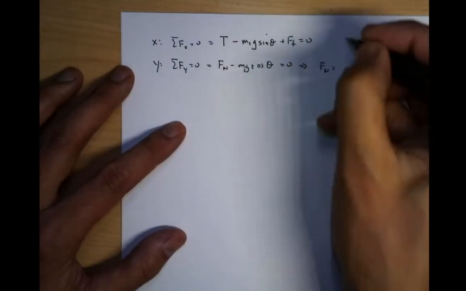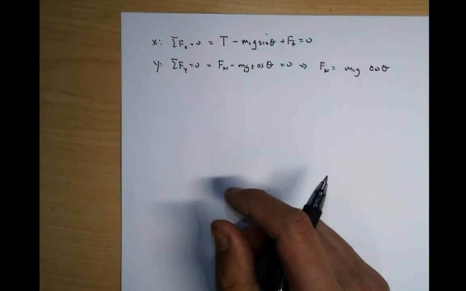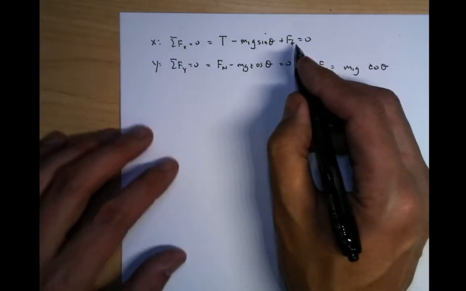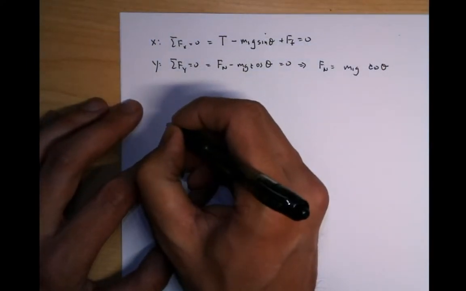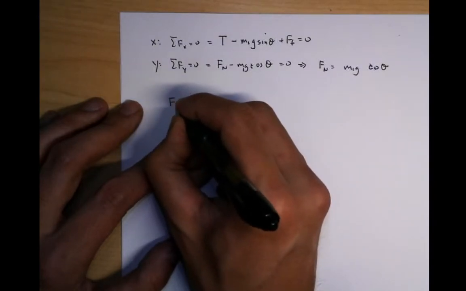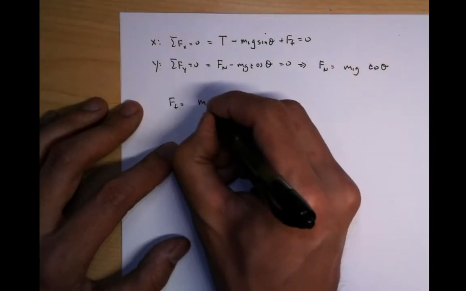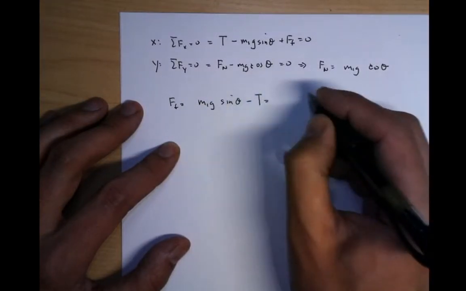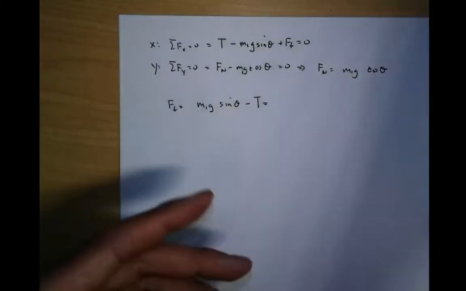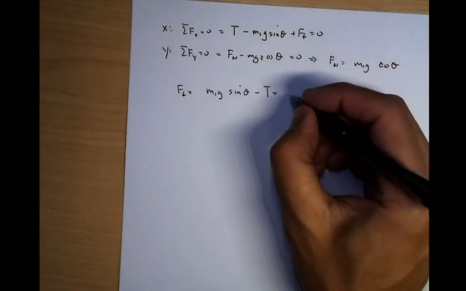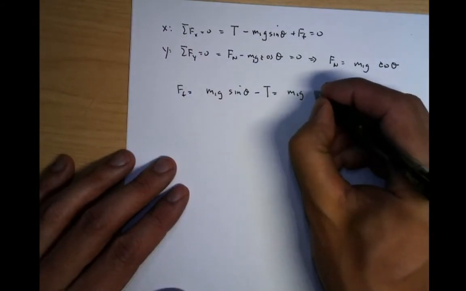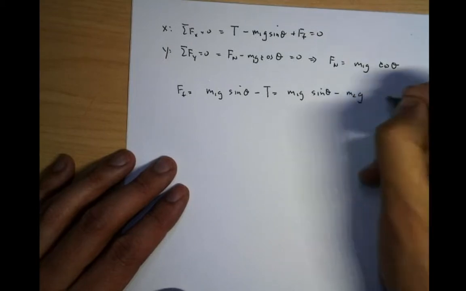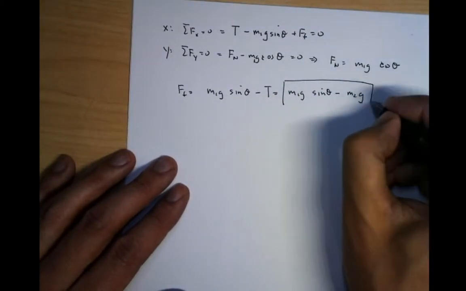This is equal to 0. So in that case, F_f is equal to m1g sine theta minus T. I have T just from here. That's m1g sine theta minus m2g. So that's the second thing.